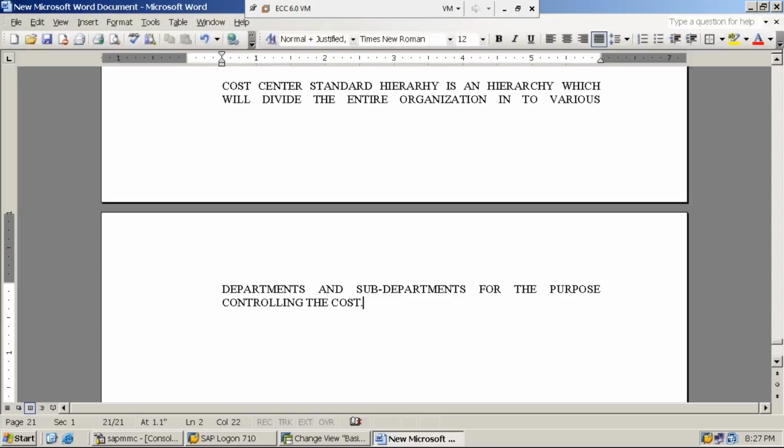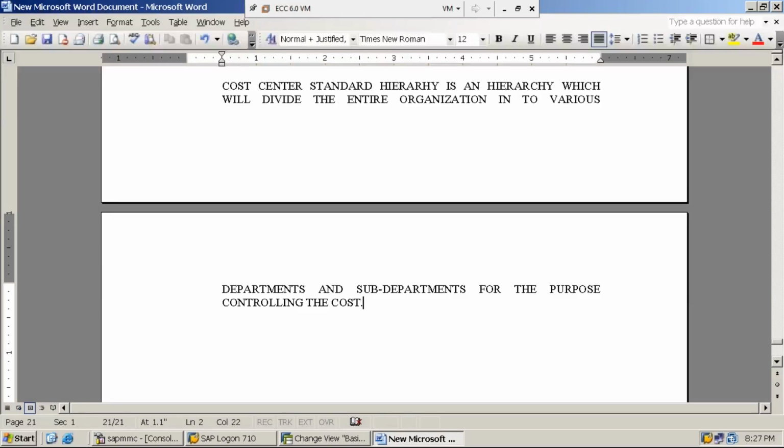So why are organizations divided into different parts, different divisions, different departments? The purpose is that a very big organization gets bifurcated into individual small departments, so that controlling becomes very easy.